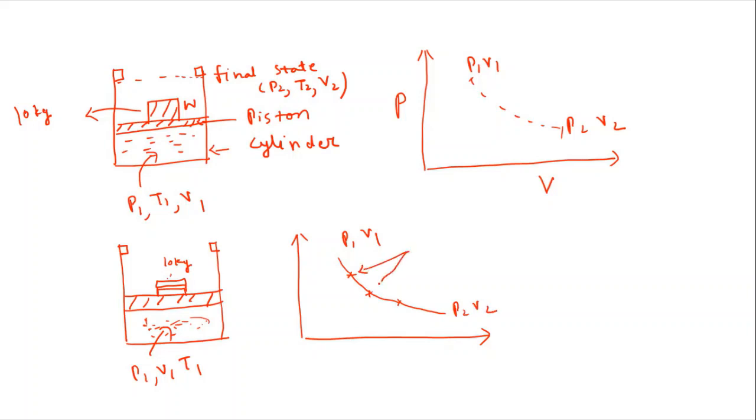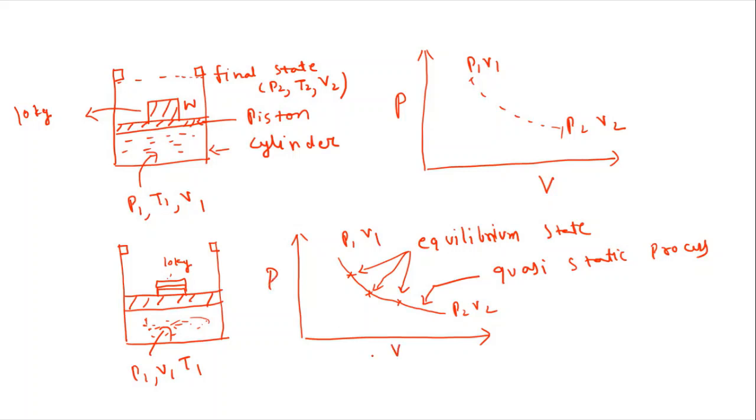Here each and every state is an equilibrium state, and this process we call a quasi-static process. This is the pressure-volume diagram.